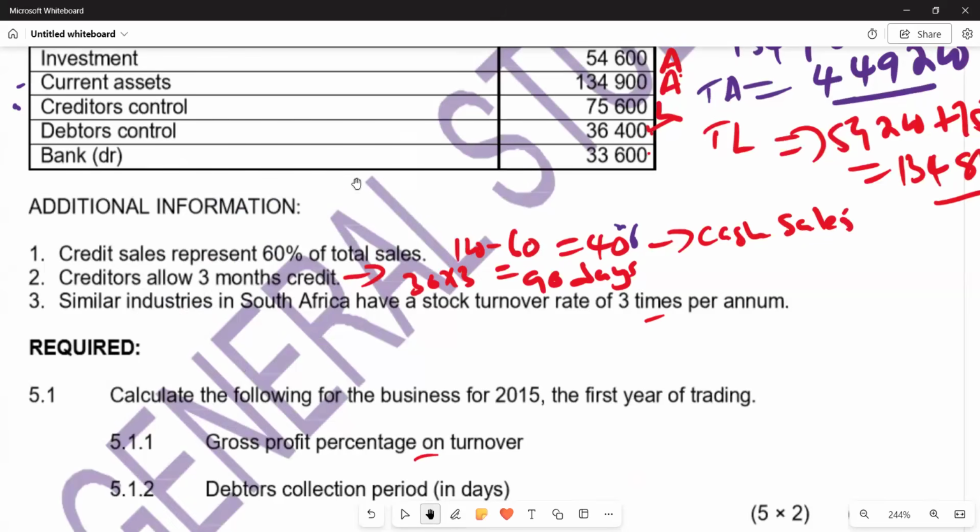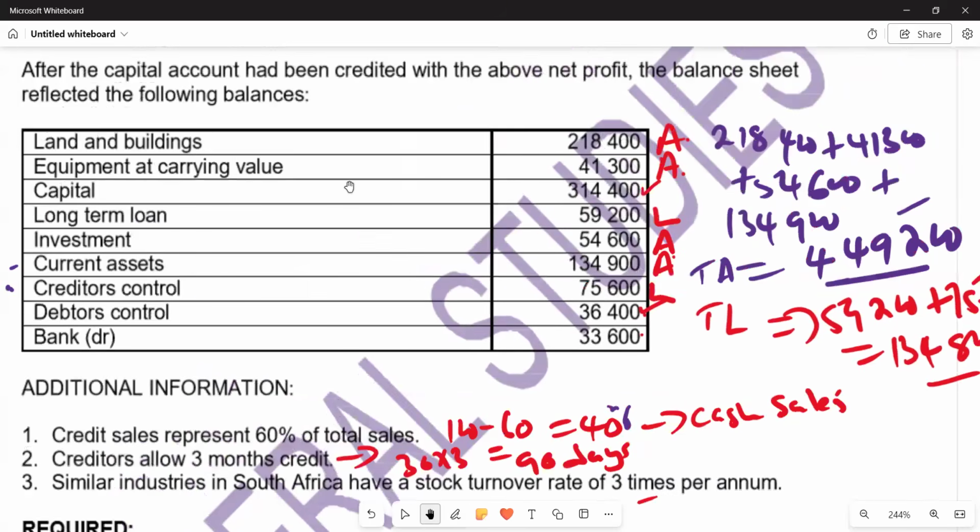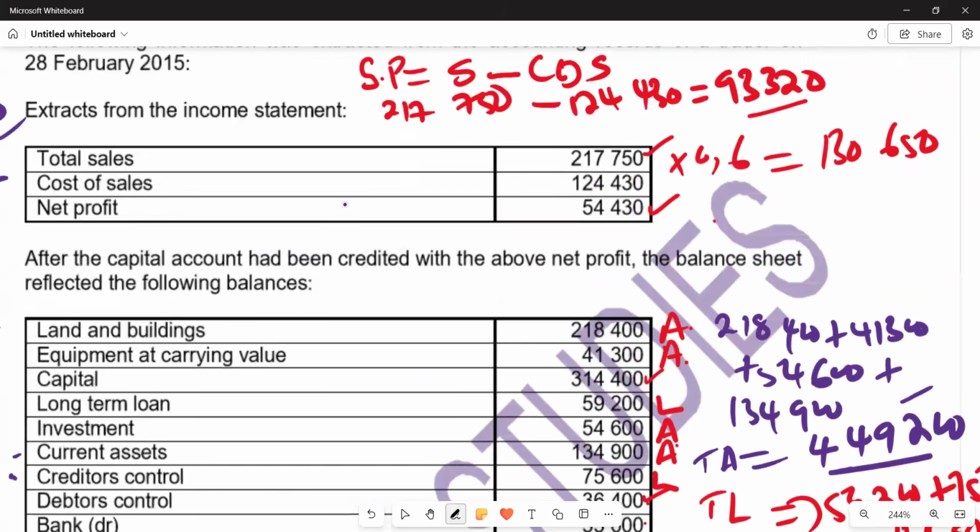At the beginning of the question, we are given net profit, and gross profit I also calculated by saying sales minus cost of sales, and you get your gross profit. 217,750 minus 124,430, and you got 93,320. So gross profit 93,320, net profit 54,430.